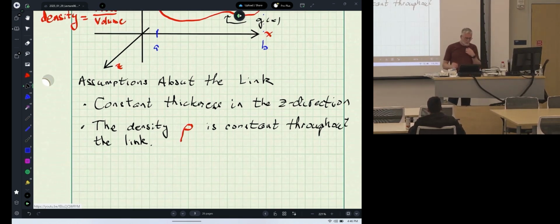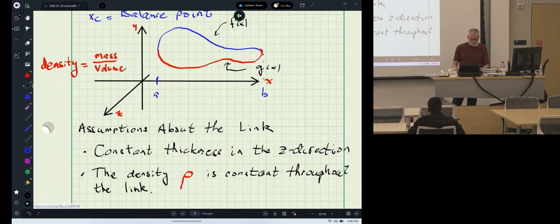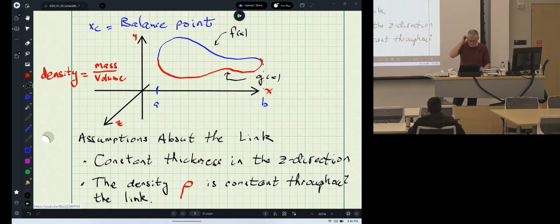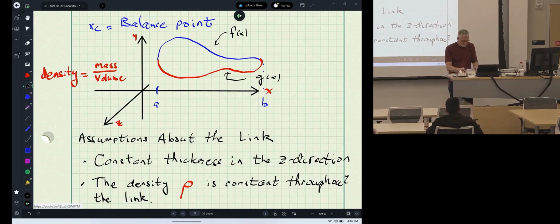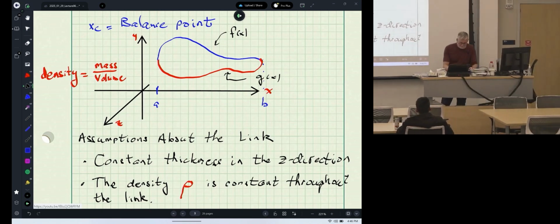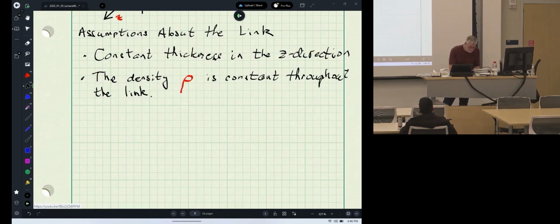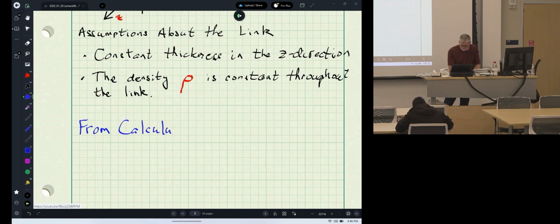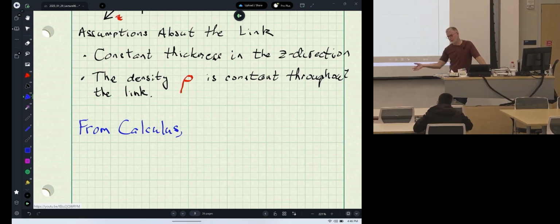Okay, so how would you get then the total mass of this object? Well, from calculus, we got total area by adding up differential area.